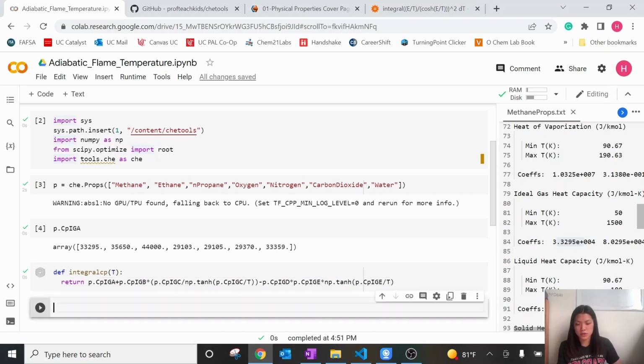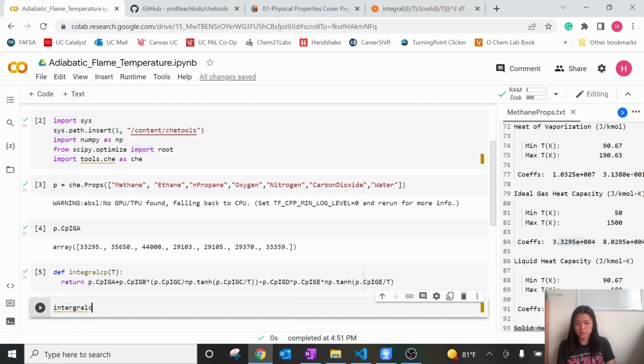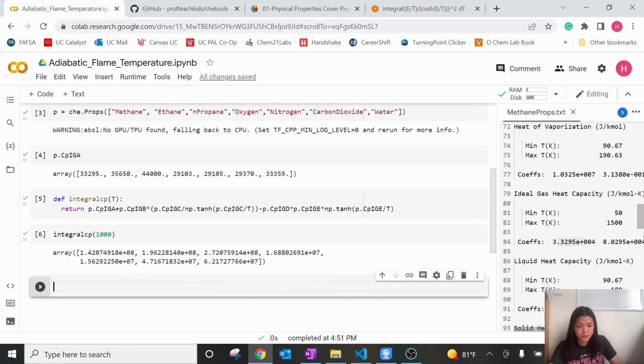Now if we shift enter, we have everything defined and we have the integral that will return. So if we were to do the integral at, let's say, 1,000 degrees Kelvin, that would return to us the heat capacity of that ideal gas at that temperature.